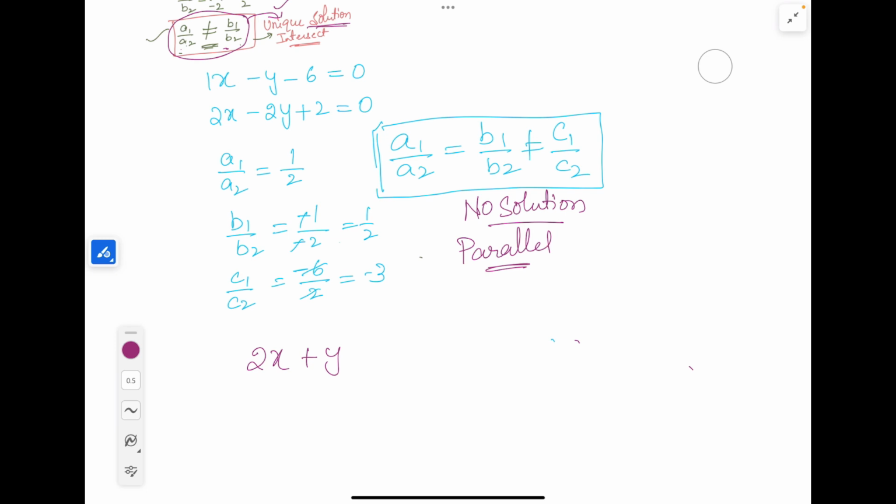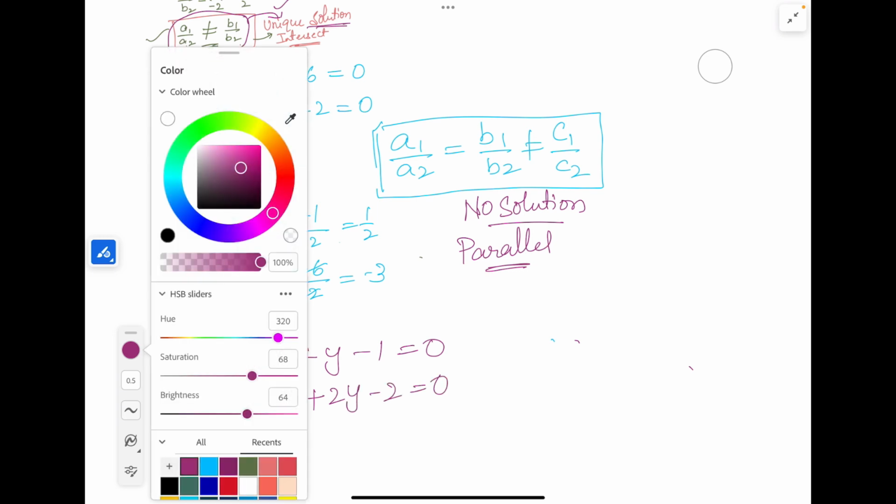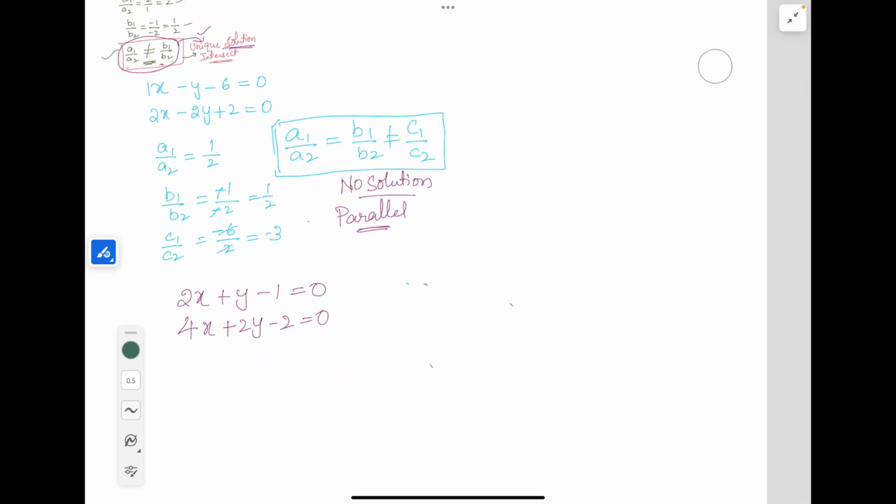2x plus y minus 1 is equal to 0 and 4x plus 2y minus 2 is equal to 0. Okay, now from here, what is a1 by a2? a1 by a2 is 2 by 4, which is 1 by 2. What is b1 by b2? b1 by b2 is again 1 by 2.